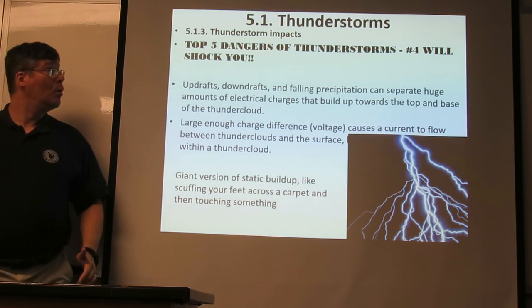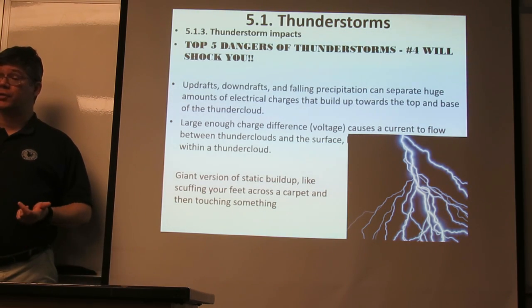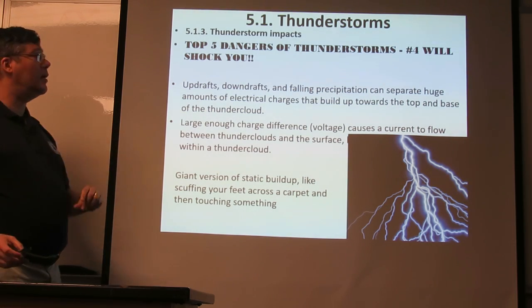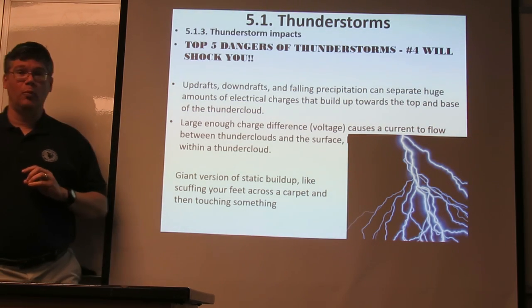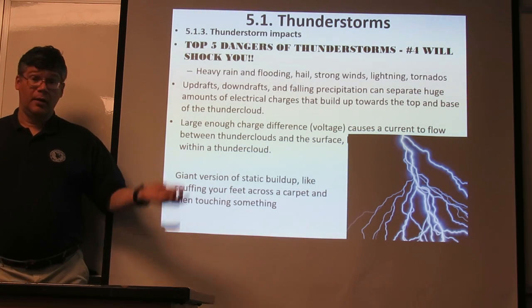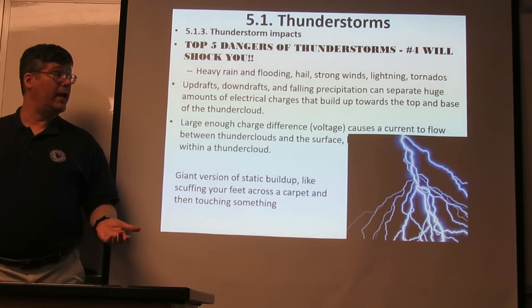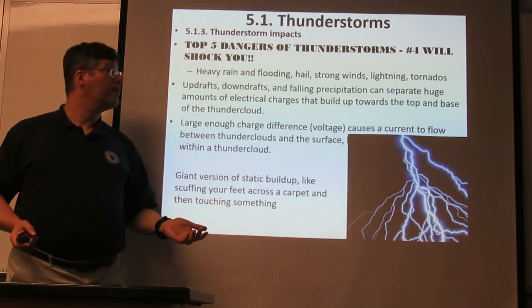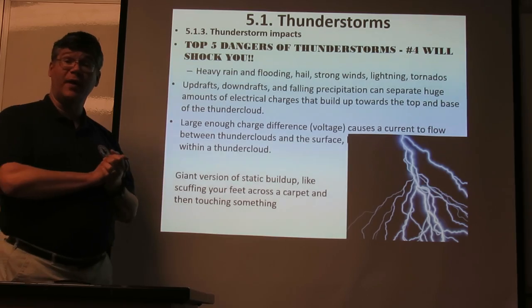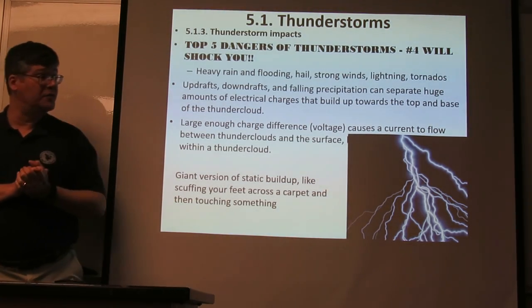Okay, what are the dangers associated with a thunderstorm? What are the hazards there? Yes, one of them will shock you. Heavy rain, and with that the associated flooding. We can also have hail, large chunks of ice falling.